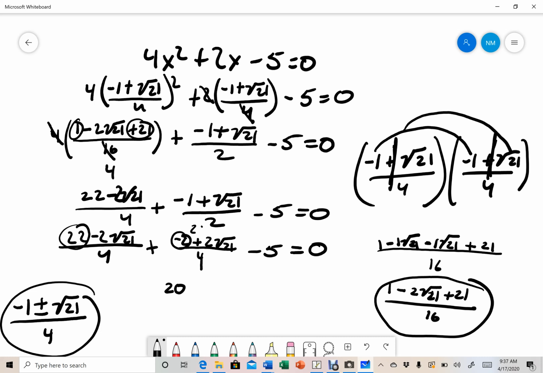And then I've got a positive 2 in the square root of 21 and a negative 2 in the square root of 21. So those cancel out, giving me 4 minus 5. 4 goes into 20 5 times. Minus 5 equals 0. So 0 equals 0.